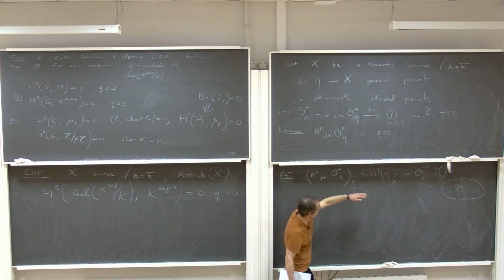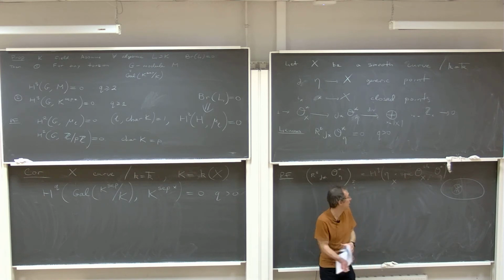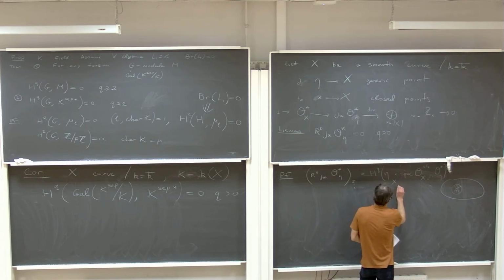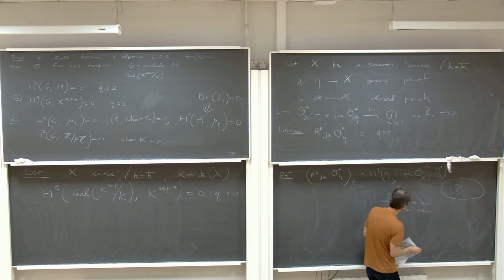That's just the fraction field of this generalization. The fraction field is an algebraic extension. This is equal to Spec L, where L is an algebraic extension of K.